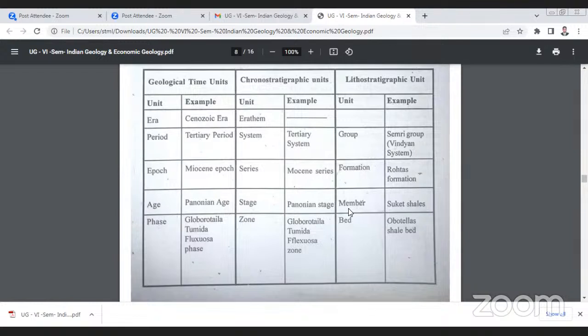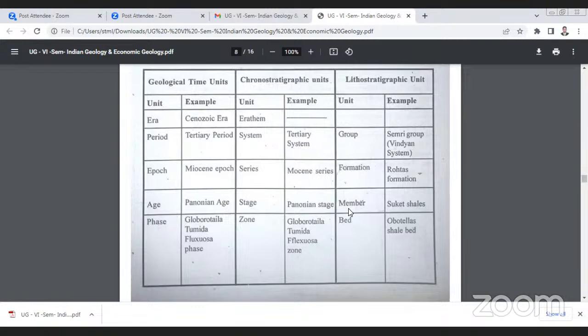Era is separate from these two, whereas period is equal to system, which is equal to the lithostratigraphic unit of group. Epoch equals series equals formation. Age equals stage equals member. Phase equals zone equals bed.